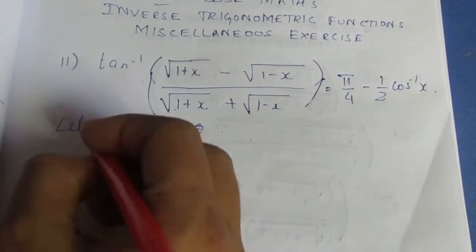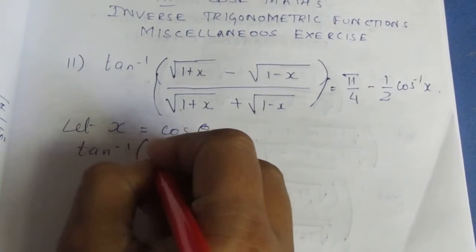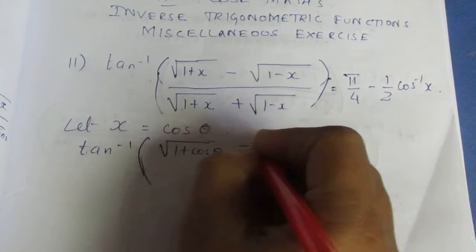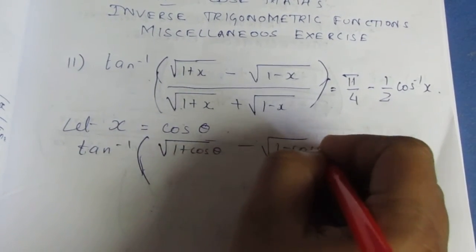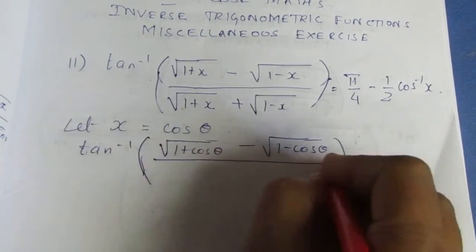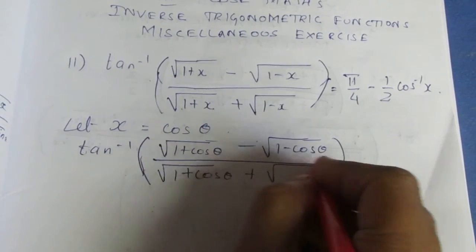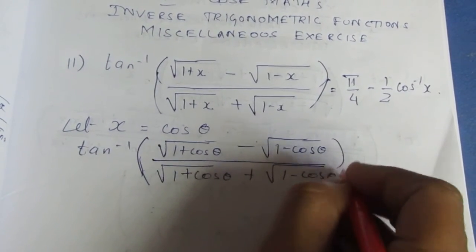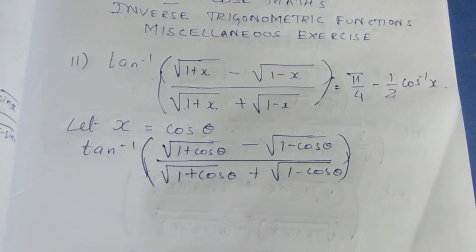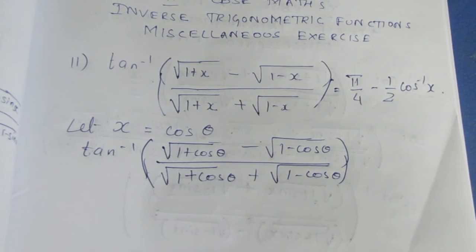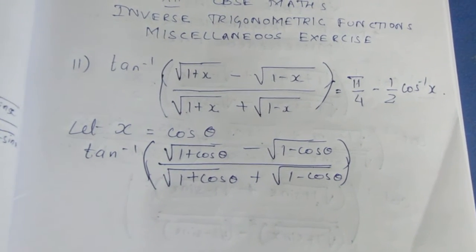If I substitute cos theta, I get tan inverse of root of 1 plus cos theta minus root of 1 minus cos theta by root of 1 plus cos theta plus root of 1 minus cos theta. Here seeing the root value, in the previous sum we have done with the conjugate, but here we have the 1 plus cos theta and 1 minus cos theta formulas.